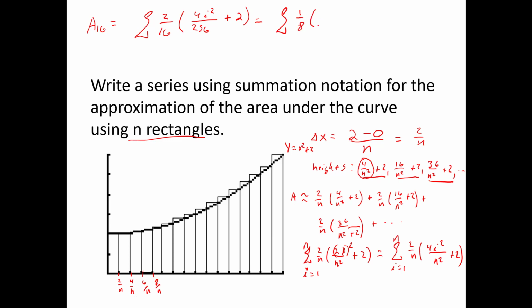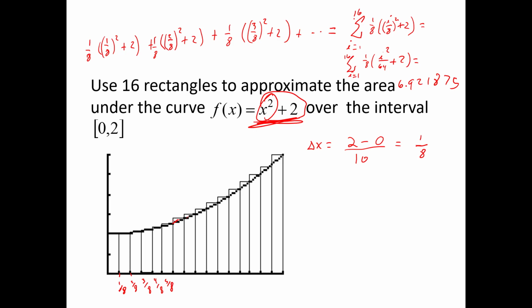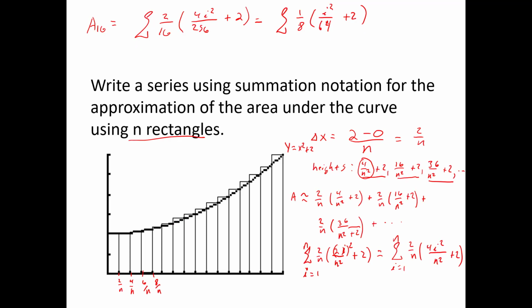The 4 over 256 reduces down to 1 over 64. Plus 2. And if we look back, we get 1/8 times i squared over 64 plus 2.